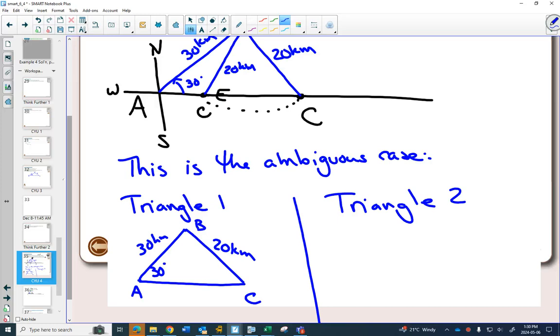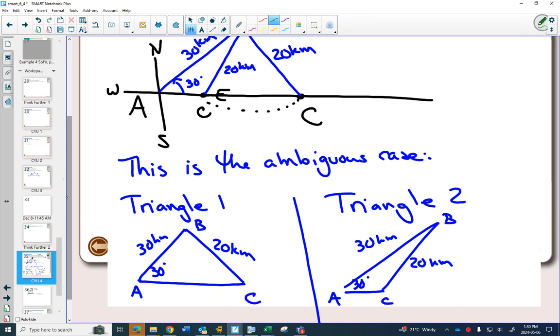And triangle 2, 30 kilometers still. This is still 20 kilometers. This is still 30 degrees. A, B, C. In one of the triangles, angle C will be acute.